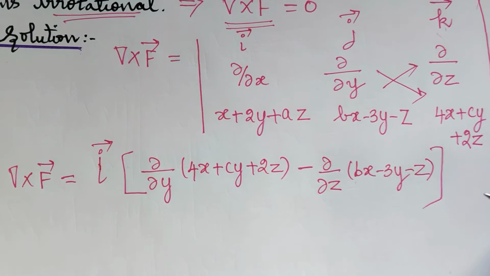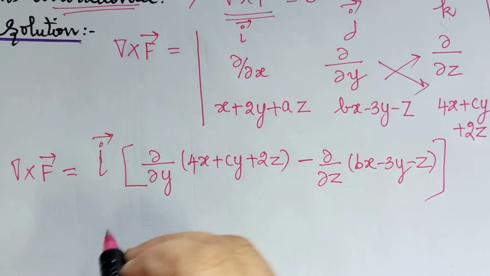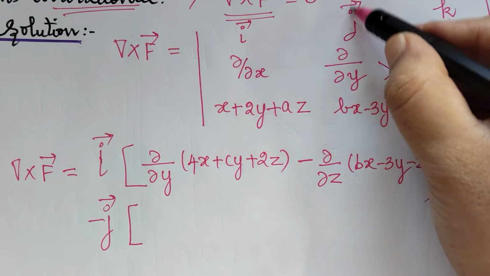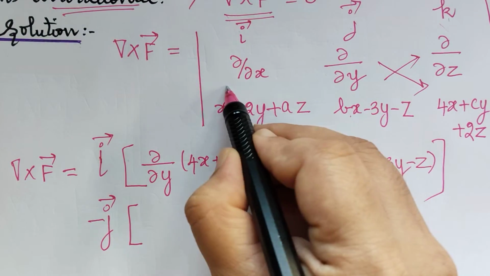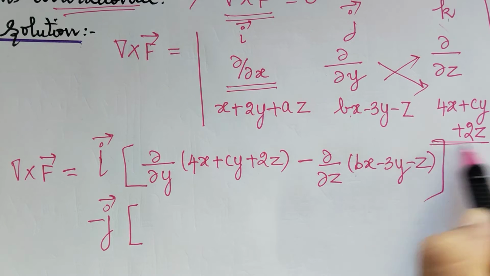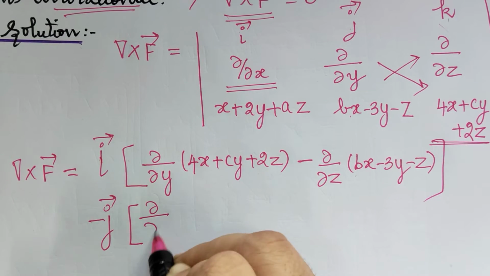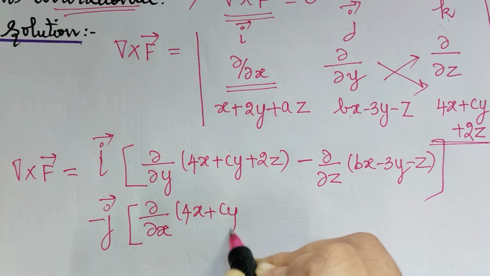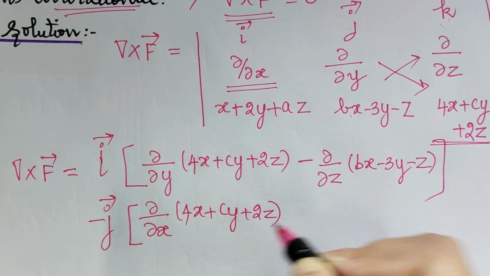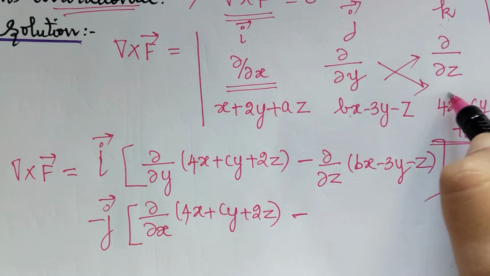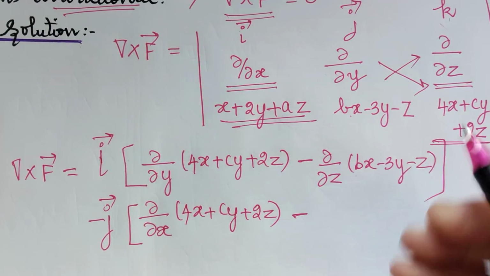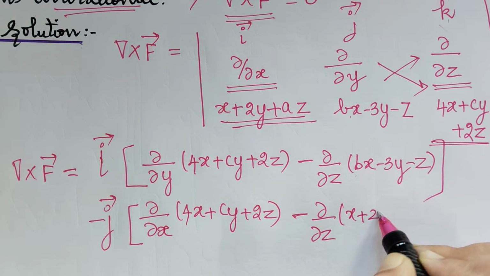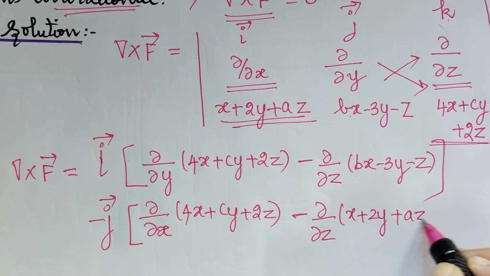So this is for the ith component. Then we have minus j multiplied with, so block this column and this row. So it will be dou by dou x of this term, so dou by dou x of 4x plus cy plus 2z minus dou by dou z of this term, so dou by dou z of x plus 2y plus az.